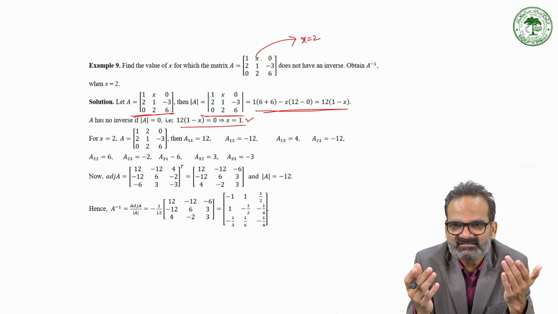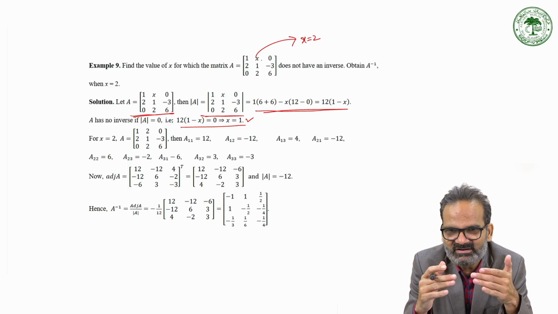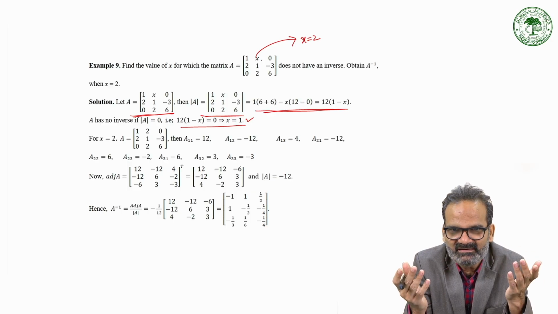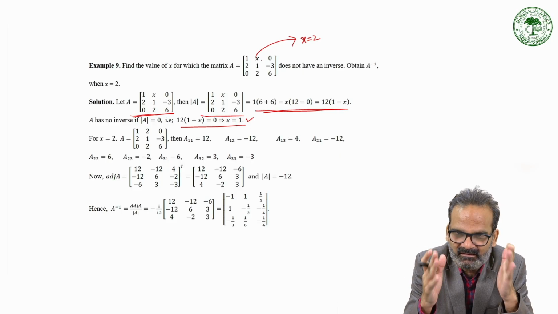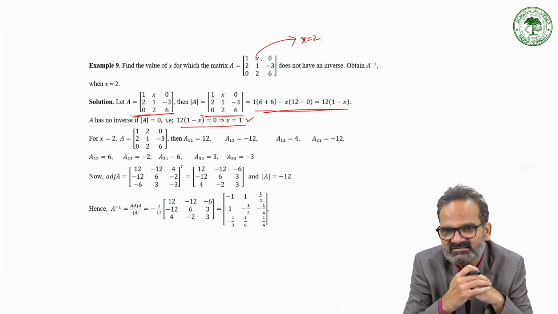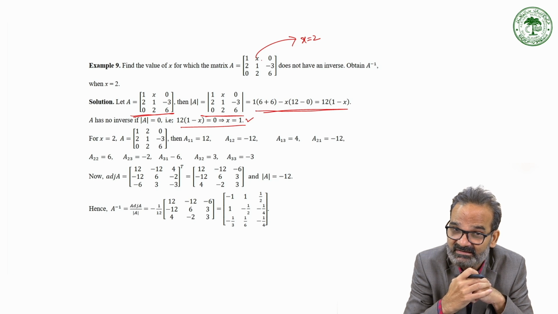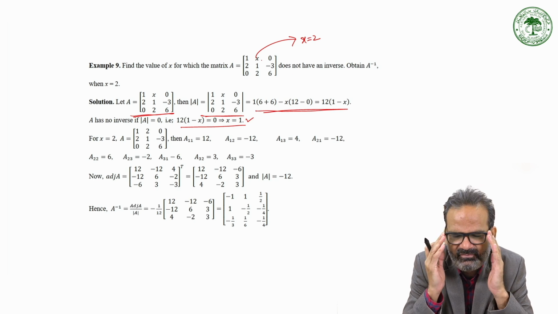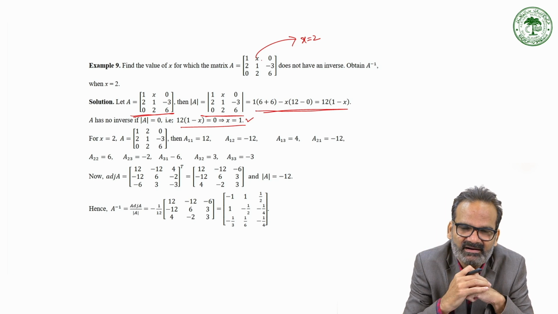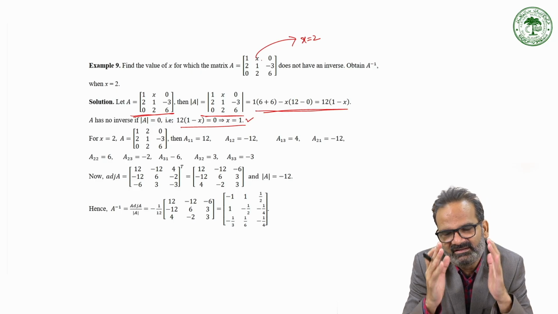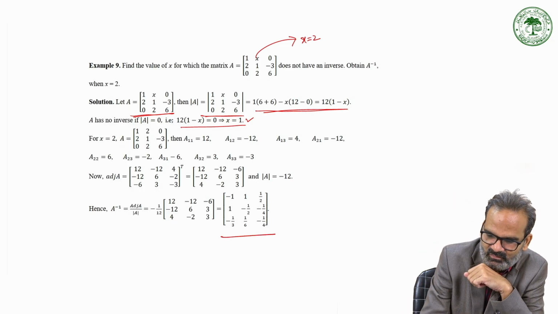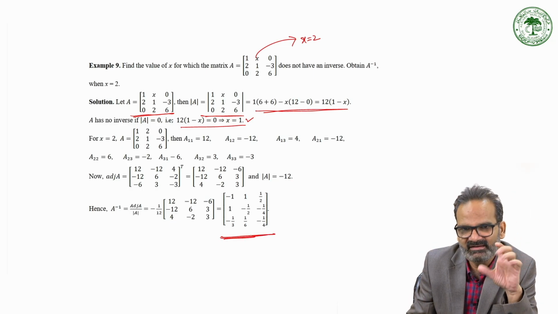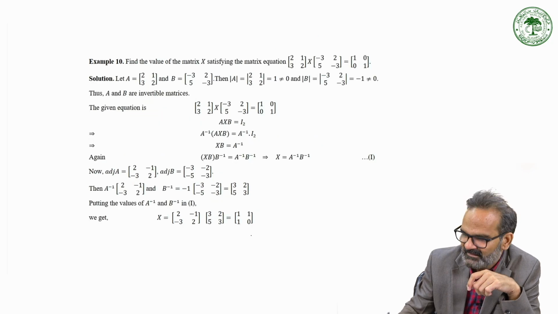And if the determinant is not equal to 0, then you can go for calculation of the adjoint by calculating the cofactors of all the elements of the determinant. Then write down the matrix of the cofactors and take its transpose to get its adjoint. And finally, to get the inverse, the adjoint of a matrix must be divided by the determinant of A to get the required inverse, and that is coming out to be this. This you should attempt yourself, right? You can do it very easily.